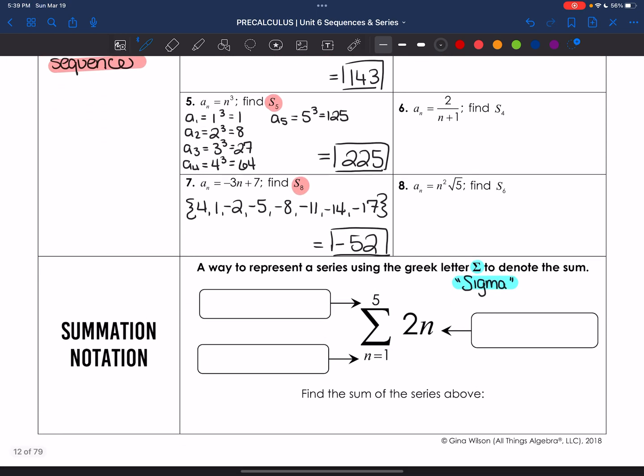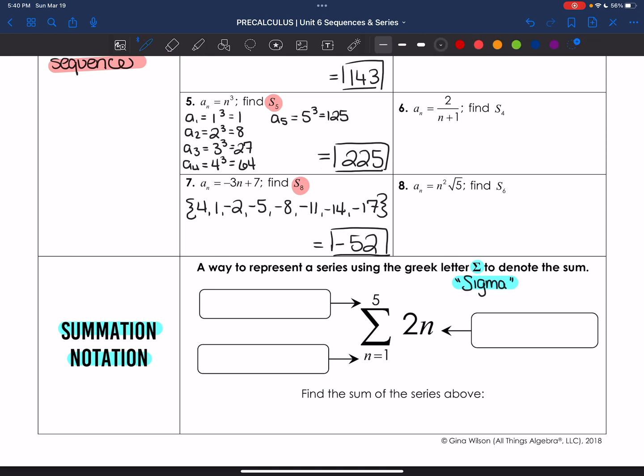Now, there's another component here in this lesson that I want to discuss, and it is using summation notation. It is just a way to represent a series using the Greek letter sigma, that's how we read that Greek letter, to denote the sum that we're finding.